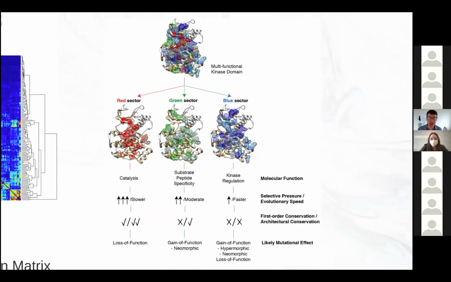It turns out that this is insanely accurate, and they did further mutagenesis to show this. So these sectors are really pulling out functional units that co-evolve.